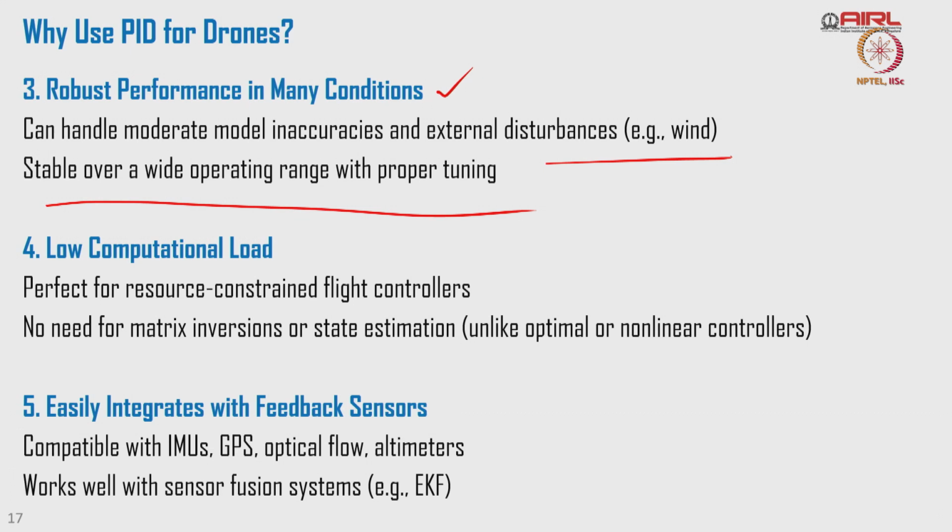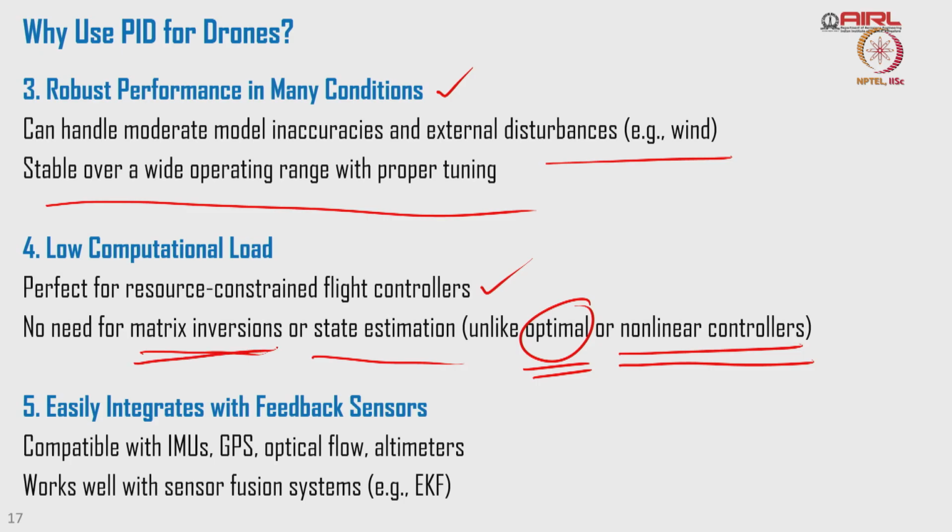Low computational load, it's simple to implement, perfect for resource-constrained flight controllers, with no need for matrix inversions or state estimation, which we do for optimal control or nonlinear controllers. These topics, optimal control and nonlinear controllers, we are not touching in this particular lecture series, but those students who are very interested can go on and explore these topics. Then they will understand concepts like matrix inversions, etc.